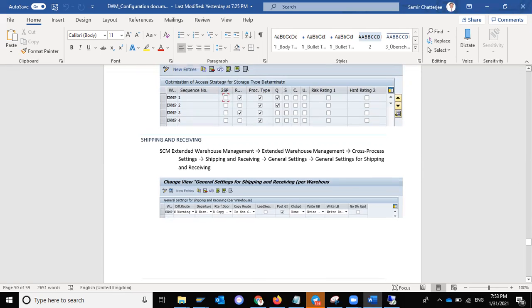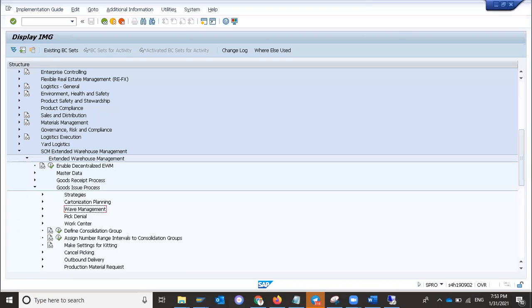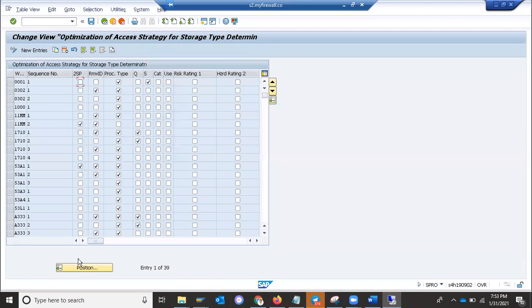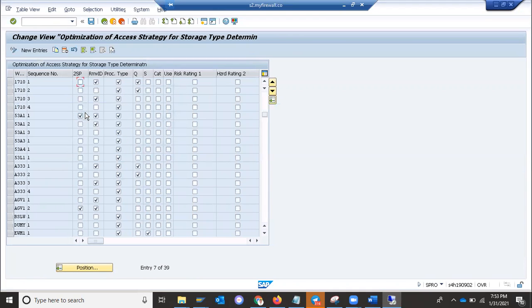So this is the optimization screen, this screen is also available here. Strategies, we can do the optimization in a particular indicator. So what are the indicators we can control? All we can see. So 1710, let us suppose this is the best practice. So first sequence, first priority will be this.